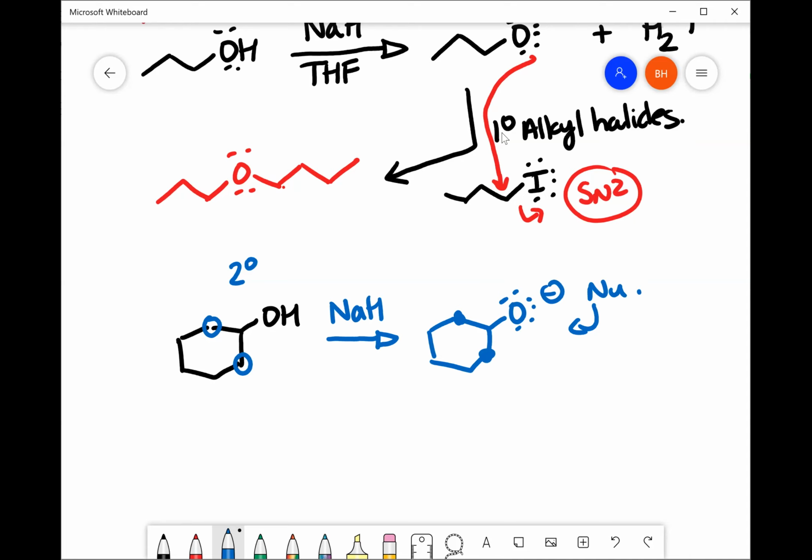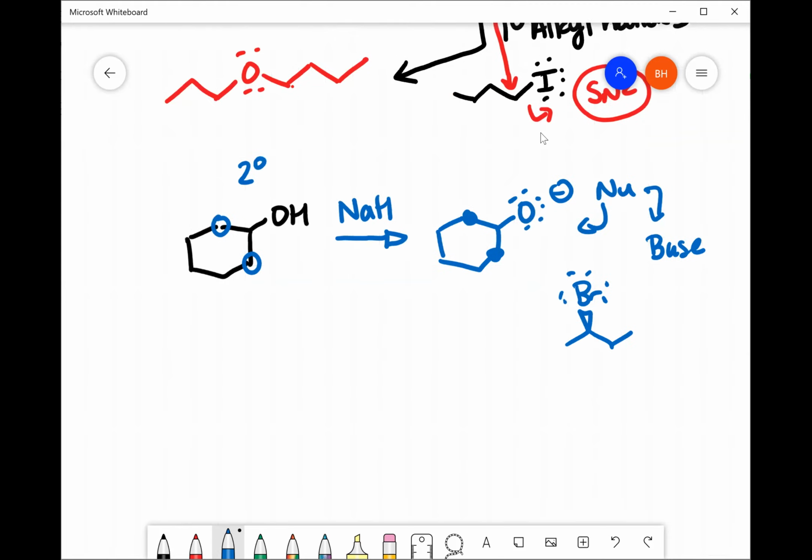And so if we try to do a substitution reaction, say on a secondary alkyl, because we're starting to add sterics to what we want to be a nucleophile, it's going to become, instead of a nucleophile, a base. So typically, this works best with the primary alkyl halides or just a straight up methyl, like methyl iodide or methyl bromide.